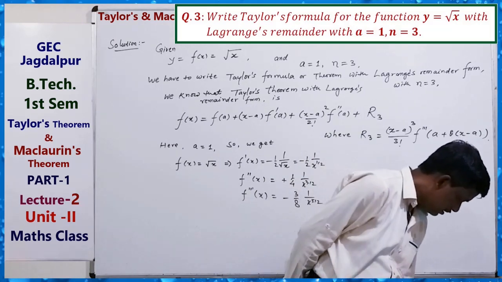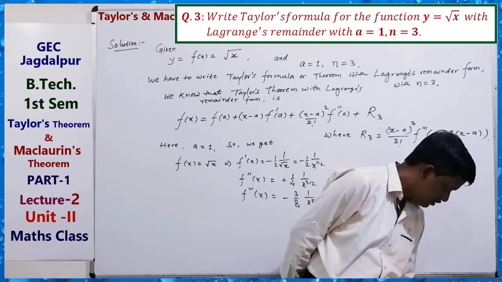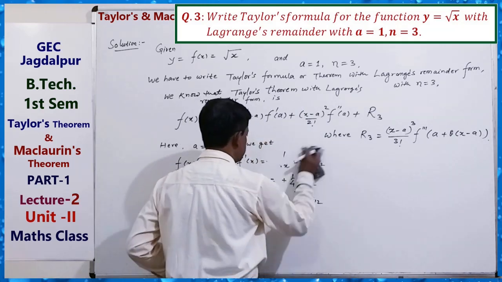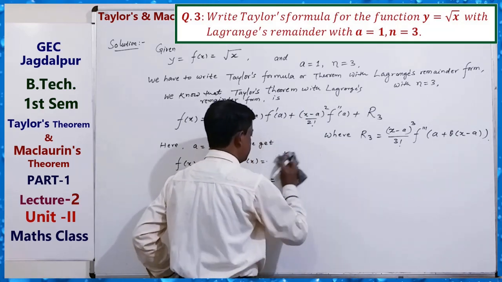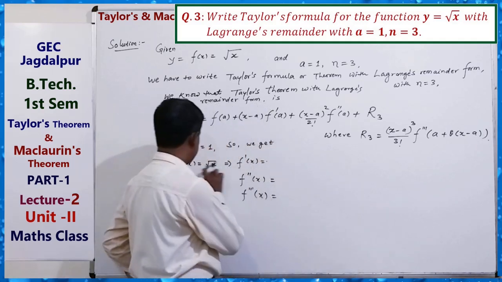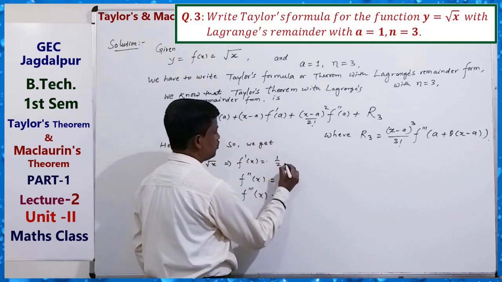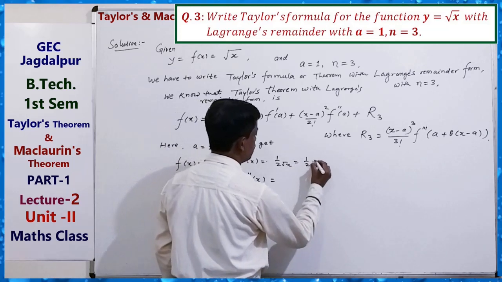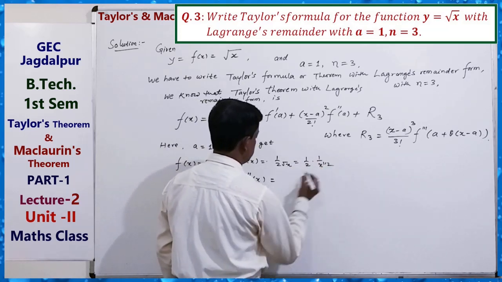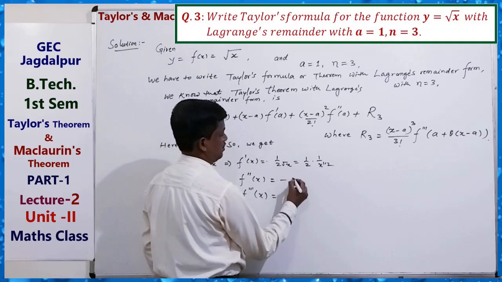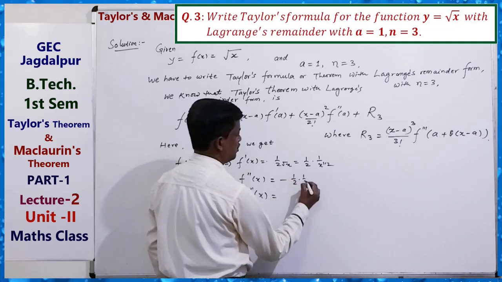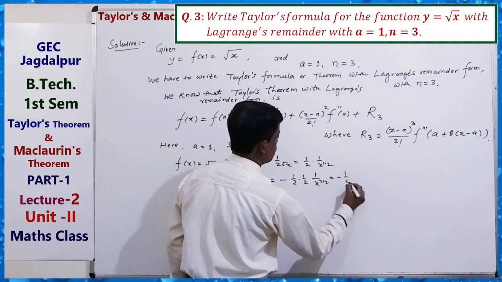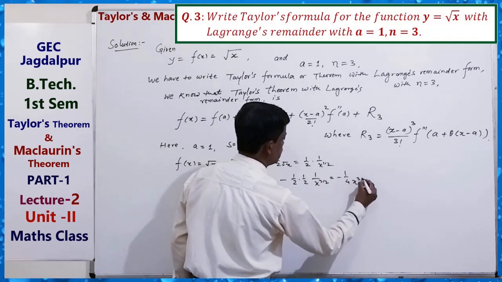So first just find the derivative. F dash x means 1 by 2 root x, that is 1 by 2 into 1 upon x to the power 1 by 2. Now with the minus sign, 1 by 2 into 1 by 2, 1 upon x to the power 3 by 2, that is minus 1 by 4 x to the power 3 by 2.